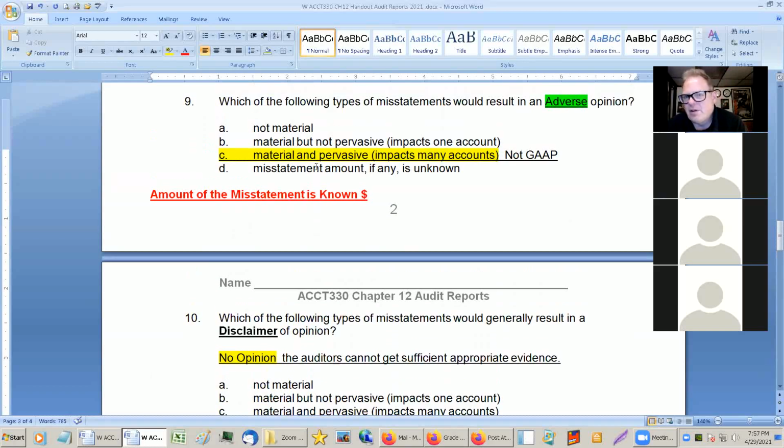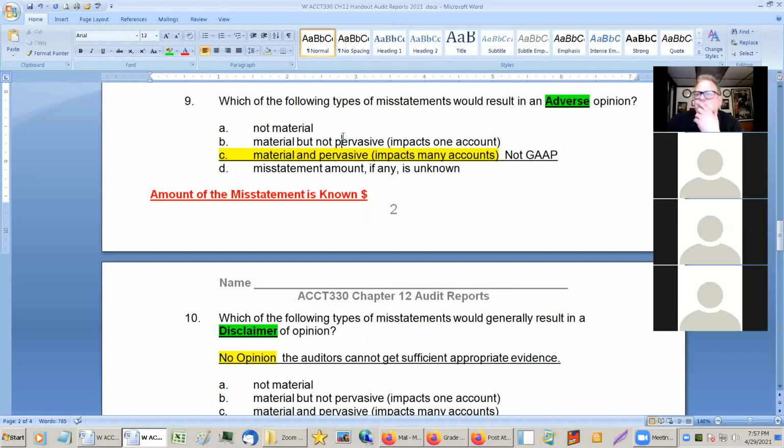How about this scenario? You're going to give someone an adverse opinion, right? They got an adverse opinion, and they say, no, don't give us an adverse opinion. I'll tell you what, just give us a disclaimer.